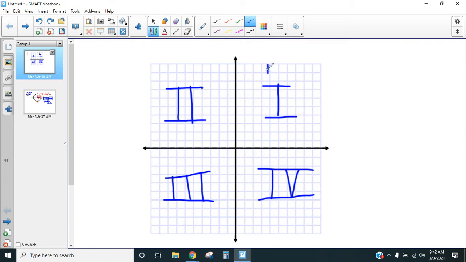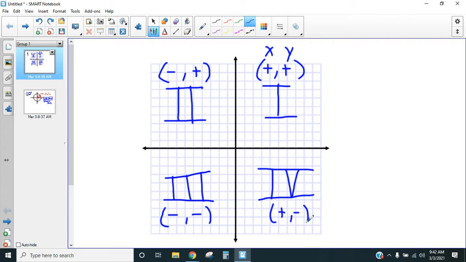In quadrant 1, both coordinates are positive. In quadrant 2, negative, positive. In quadrant 3, they're both negative. Remember, when we're talking about x and y, right? It's x and y. And then here, positive, negative. Nice to review that. So this will be like a little footnote today. Whew. Deal? Let's get into a question, all right?